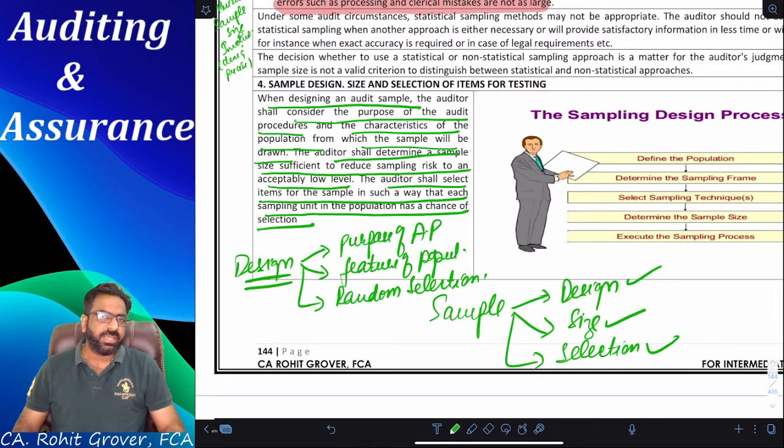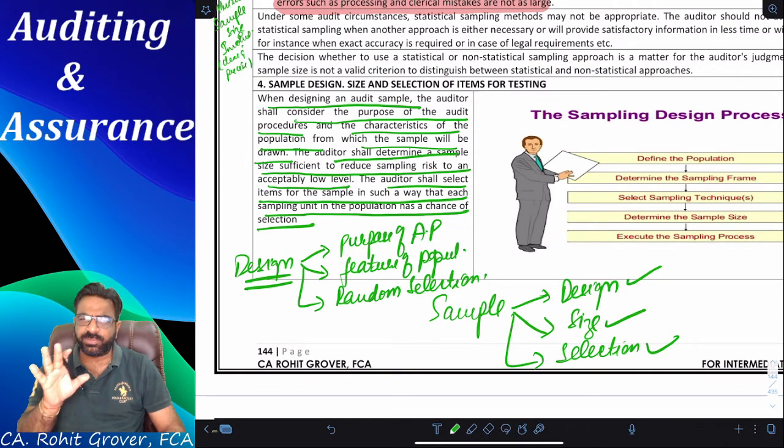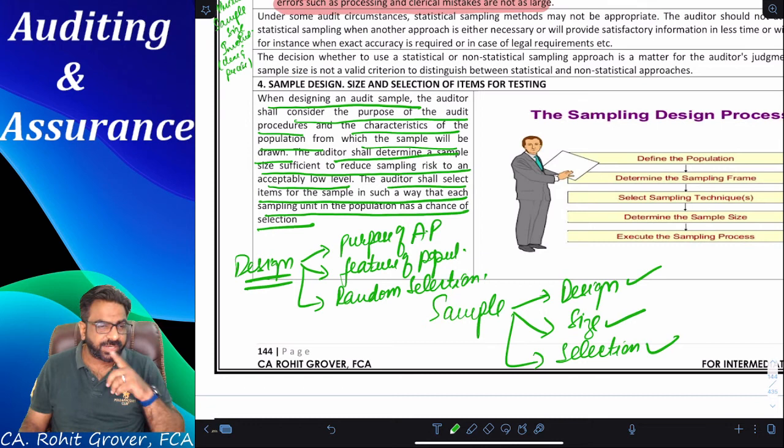So tell me, in both the cases, will the assertions remain the same or will they differ? Almost they will remain the same, but there are so many assertions which are different also. Tell me one thing, will you check existence in case of transactions or occurrence in case of transactions? Occurrence. Are you getting the point? But what will you check in case of assets and liabilities? Existence. Am I correct or not?